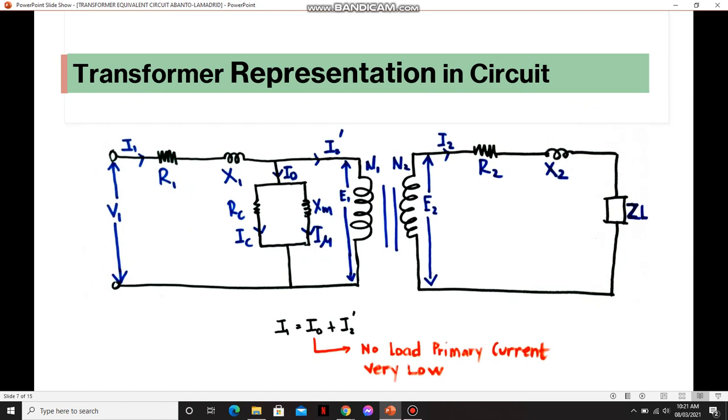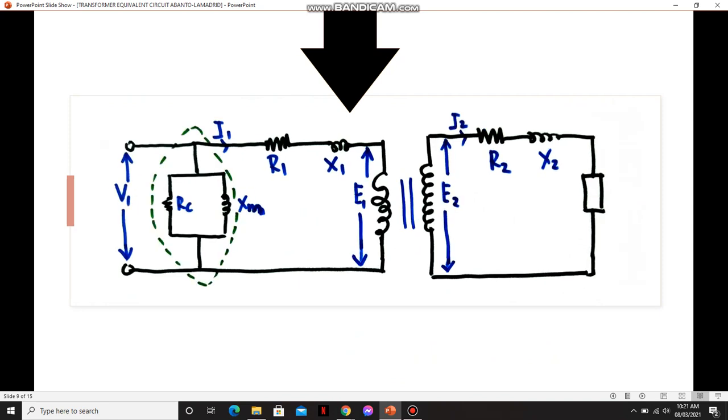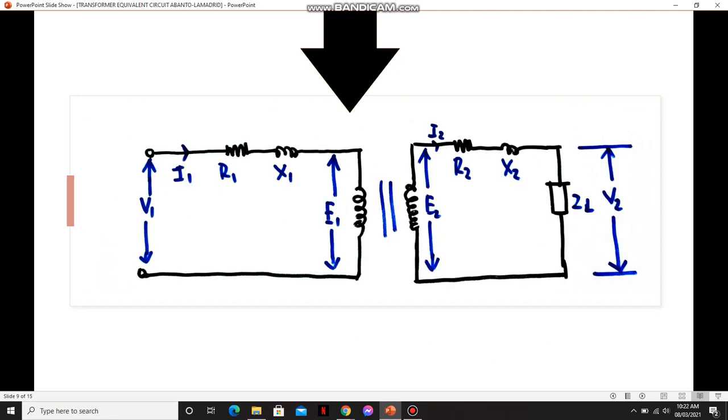I naught is a no-load primary current, hence it is very low. So we can rewrite the circuit like this. Since it has a very low current, we can neglect it. So the circuit becomes like this.